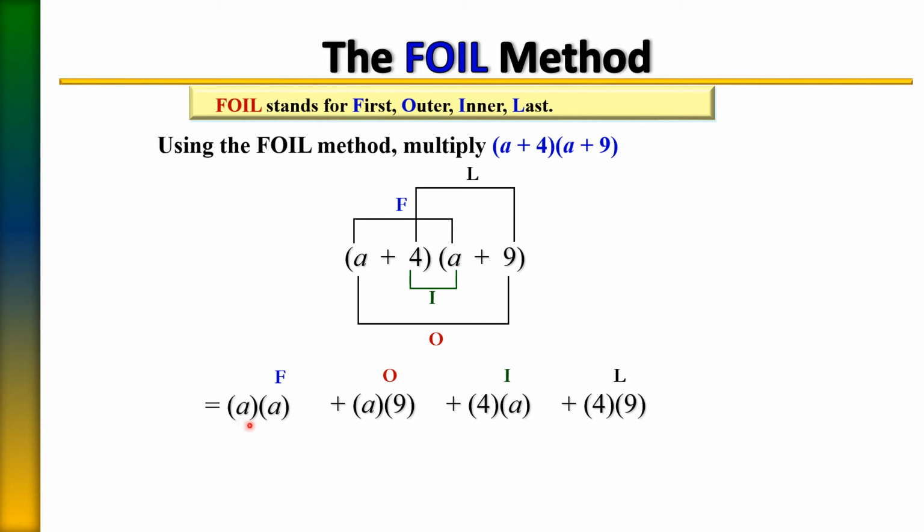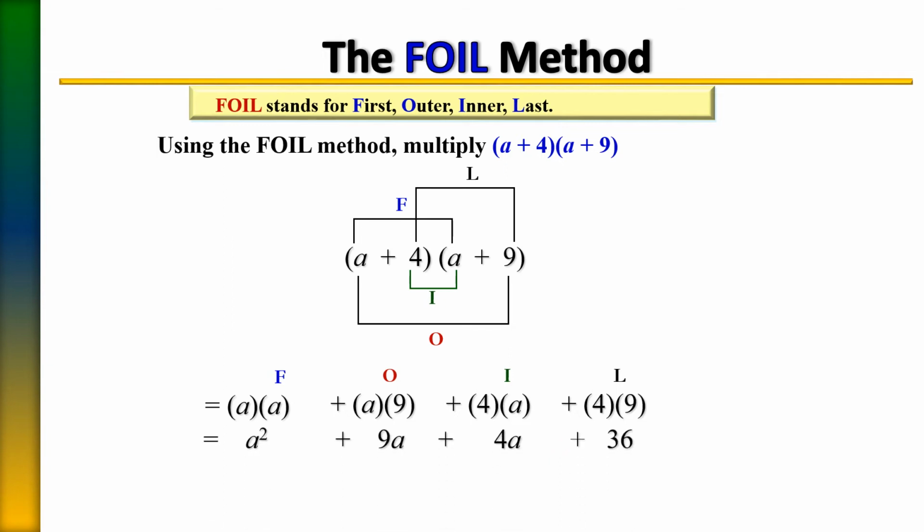A times a is a squared plus 9a. Anytime you have a variable and a number, you say the number first. So that's, again, a squared plus 9a plus 4a plus, multiplying 4 times 9 is 36.